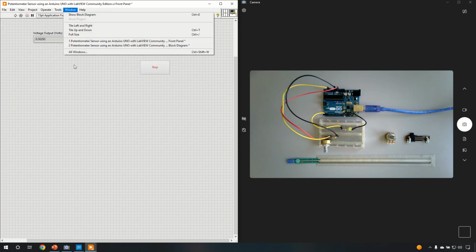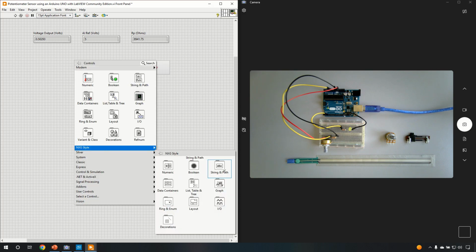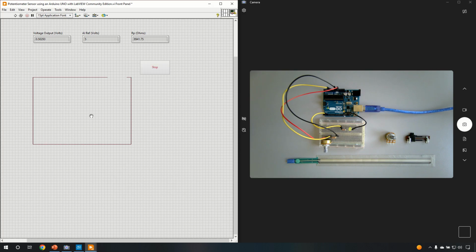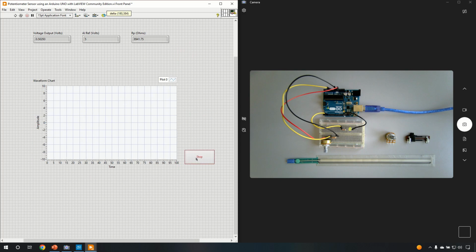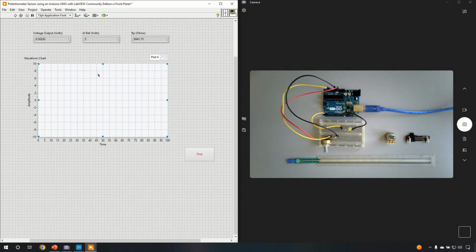Now, something really interesting here that we can do is we can have a visual representation of our signal. And this is something really nice, and I always advise you to do so. So let us just place a graph right here, call it output signal. On the right hand side will display the voltage in volts, or we can have the resistance of the potentiometer, you name it. Here it's the time, but it's actually not the time, it's the index.